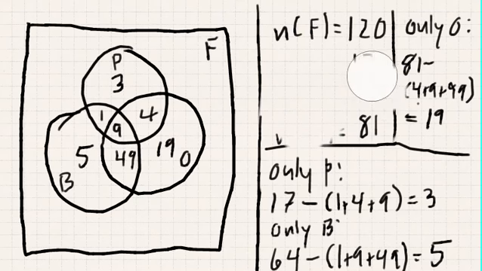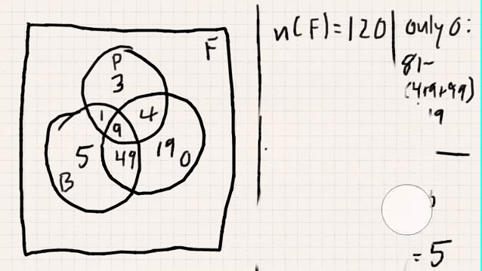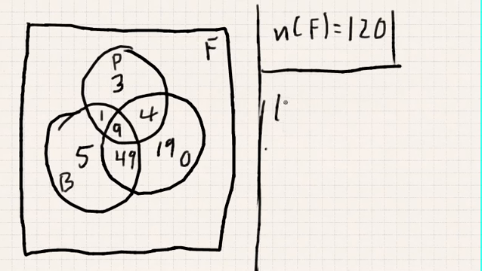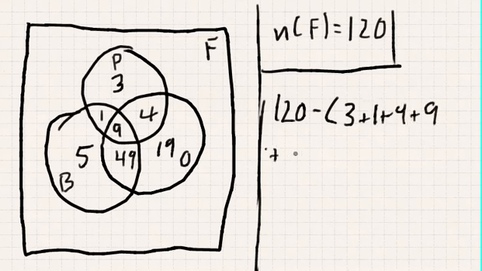Finally, there are 120 schools altogether. And how many of them are public and relatively new and not in BCS conferences? Well, this would be 120 minus the numbers inside of all of these guys: 3 plus 1 plus 4 plus 9 plus 5 plus 49 plus 19. I'm going to do this work off to the side briefly.